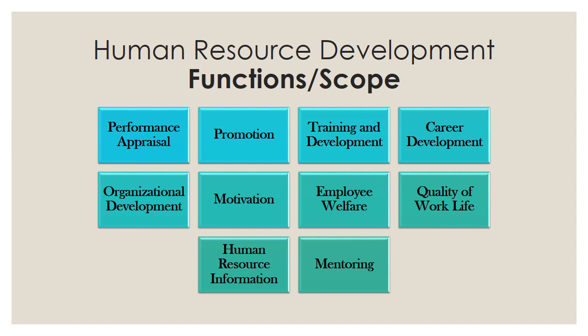Next is human resource information. What is human resource information? So human resource information system is a specialized software that the company maintains to have a database of all the information about the employees. So with a click of a mouse, the company can give a list of details of all the aspects of one particular employee.